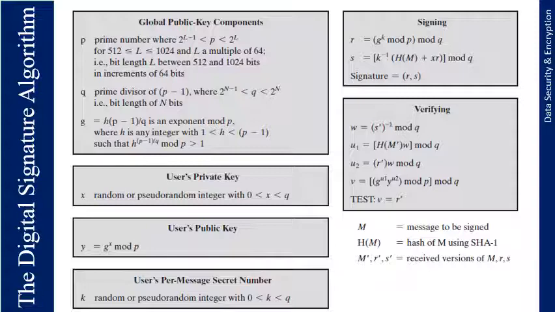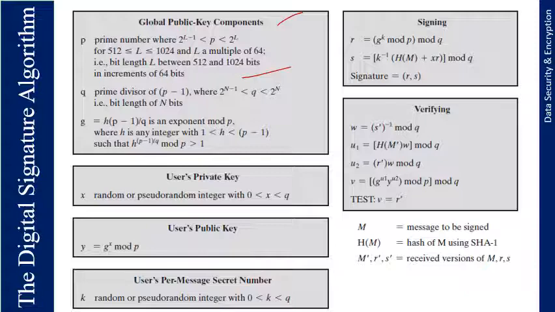There are three parameters that are public and can be common to a group of users. An N-bit prime number q is chosen and a prime number p is selected with the length between 512 and 1024 bits in increments of 64 bits.